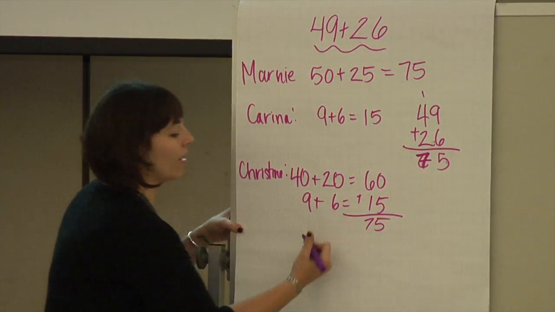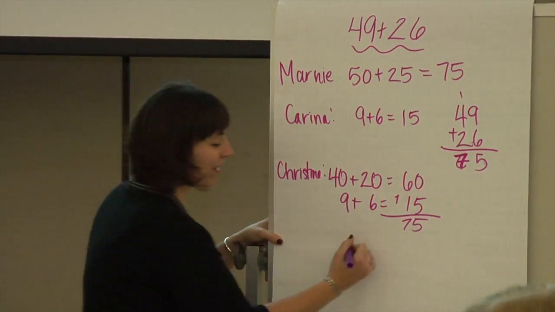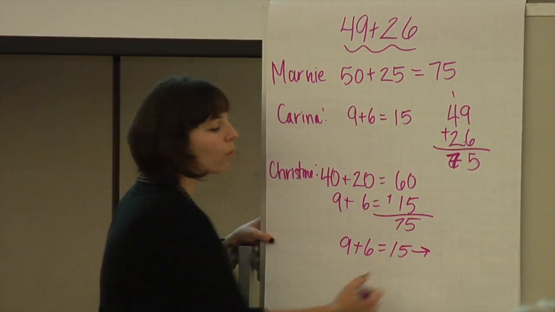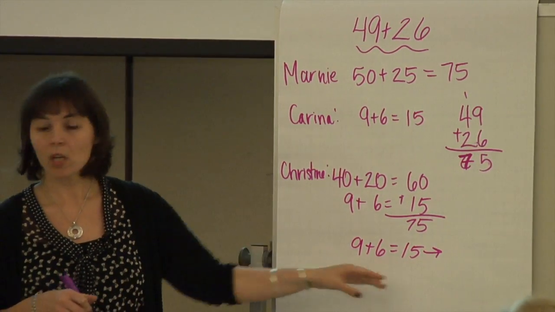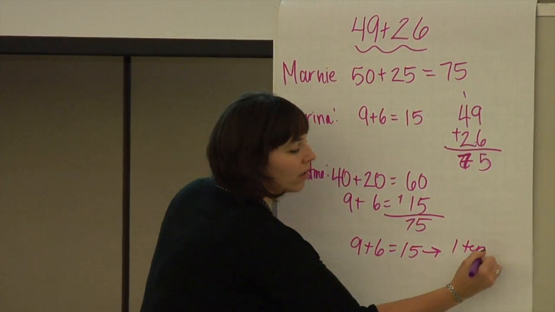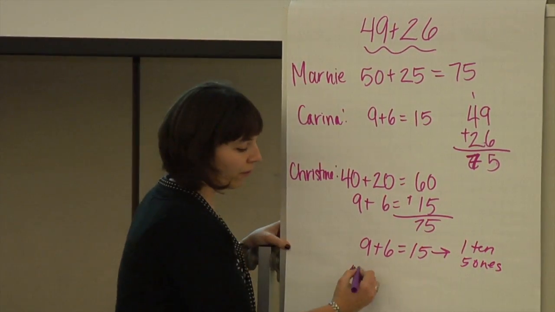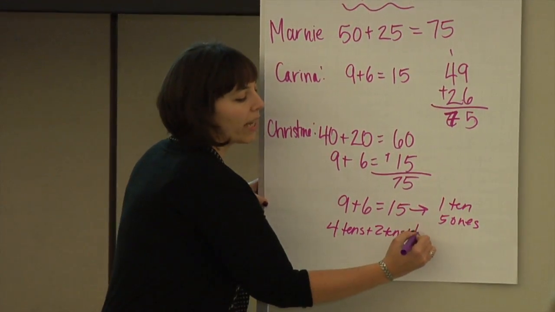Okay, so we have 9 plus 6, and that's 15. But we know that that's too many ones, right? So this is 1 10 and 5 ones. So now we have 4 10s plus 2 10s plus 1 more 10.